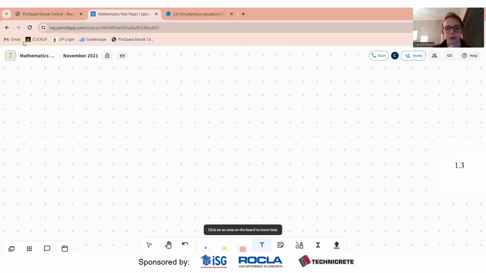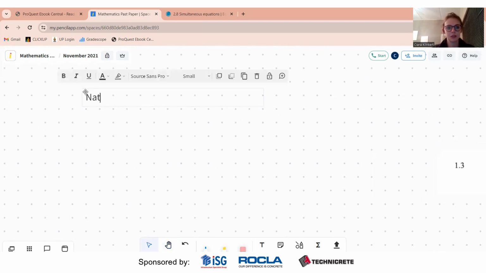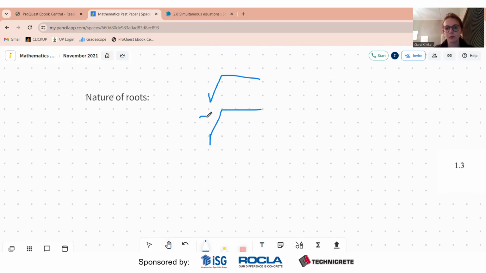Okay, so let's talk about nature of roots. When I talk about roots with nature of roots, I'm not talking about square roots or cube roots. We actually call these things surds. We should not actually call them roots.